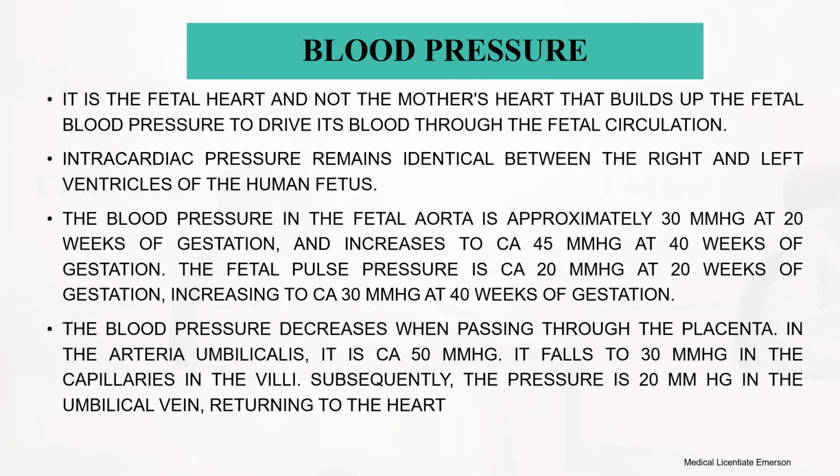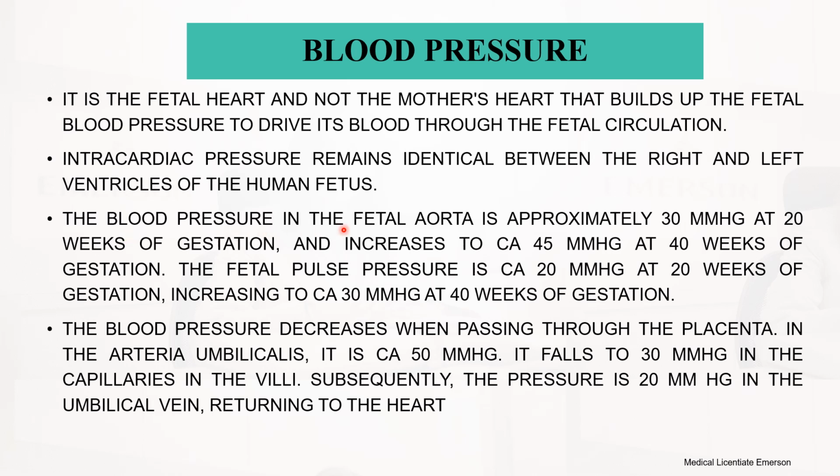Okay. Now the blood pressure. It is the fetal heart, not the mother's heart, that builds up the fetal blood pressure that drives blood through the fetal circulation. We have intracardiac pressure, which remains identical between the right and the left ventricle of the human fetus.